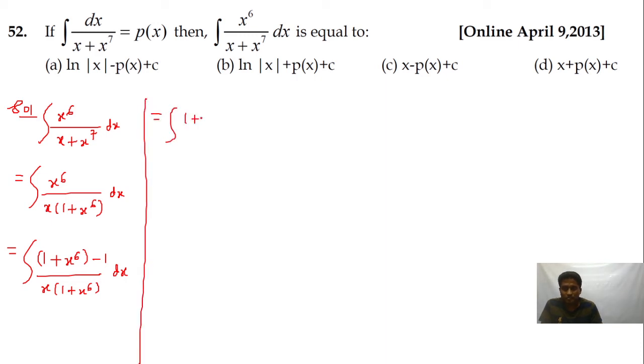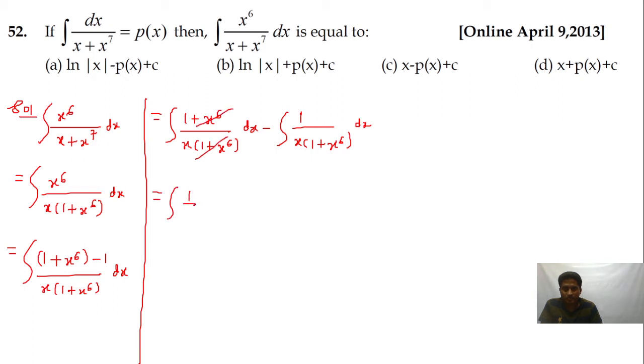Okay, so this can be written as integration of 1 plus x to the power of 6 upon x into 1 plus x to the power of 6, minus integration of 1 upon x into 1 plus x to the power of 6, and then dx. This will cancel.